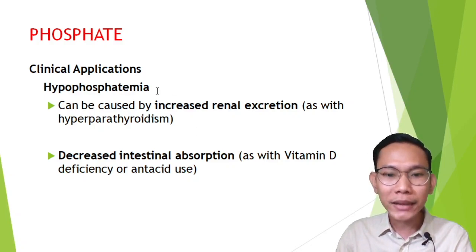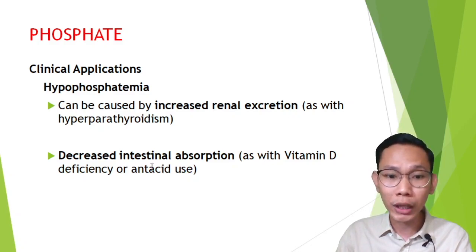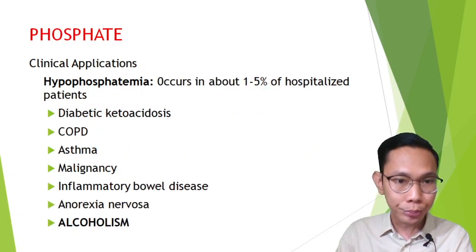So in short, pagtaasan natin ang renal excretion, bababa ang phosphate level sa ating dugo. Kaya nagkakaroon ng hypophosphatemia. Decreased intestinal absorption as well as vitamin D deficiency or antacid use. Because of decreased absorption, walang intestinal absorption ng phosphate, in short, mababa din ang level ng phosphate sa ating dugo. Also, your antacid can inhibit the absorption of your phosphate patungo sa circulation.